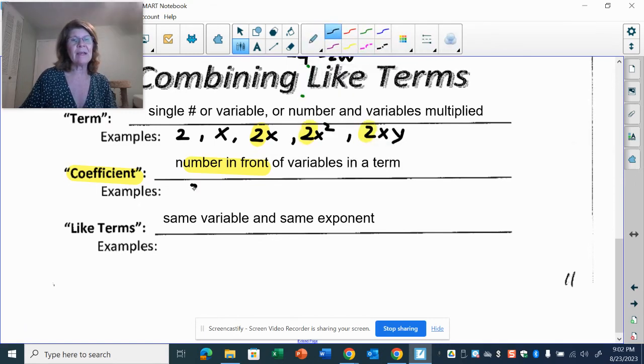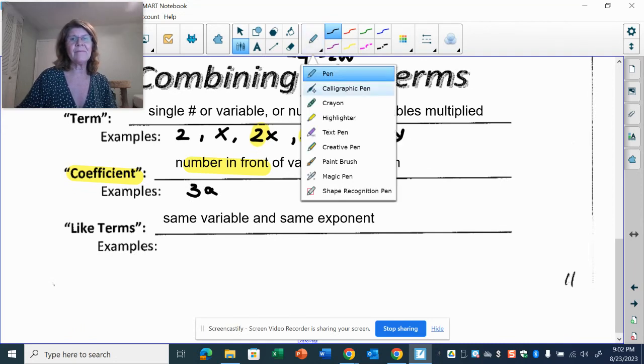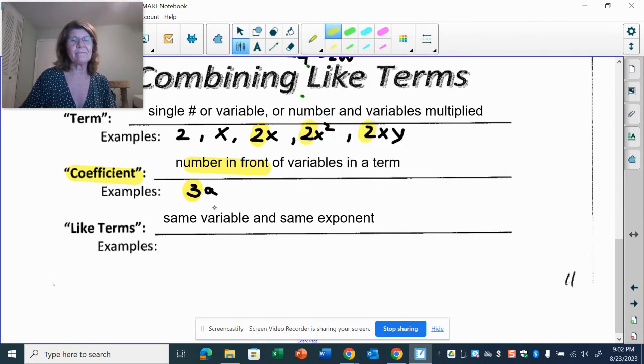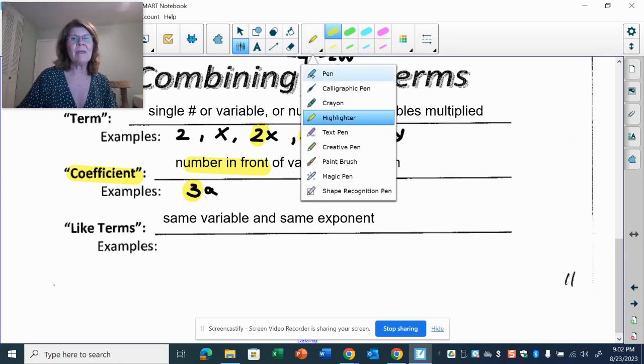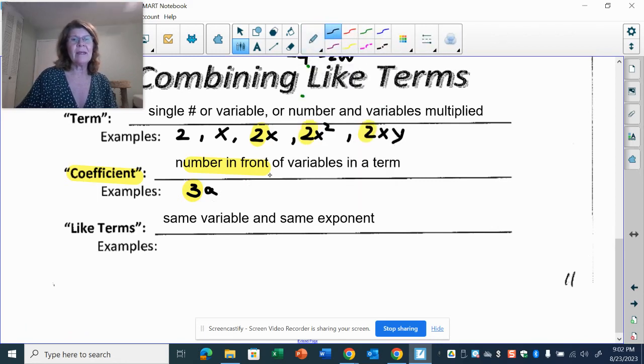So for example, 3a, the coefficient is the 3. If you have a negative a, the negative is the coefficient, and it's actually -1.